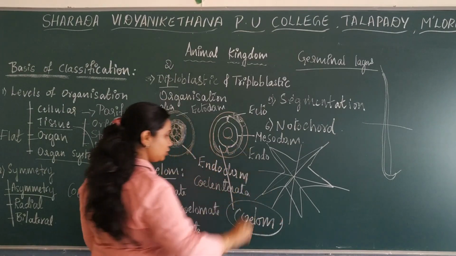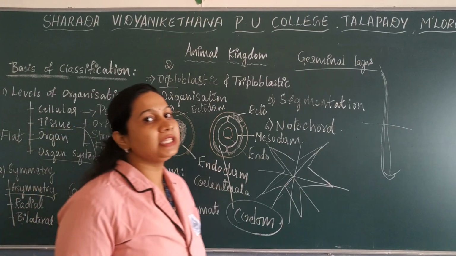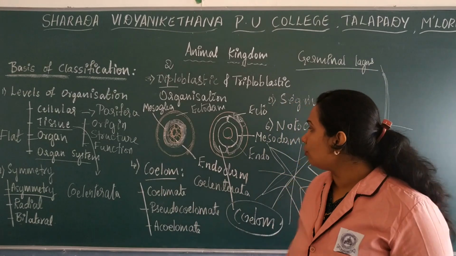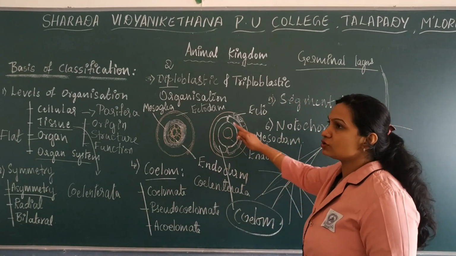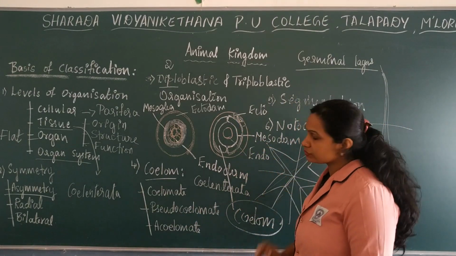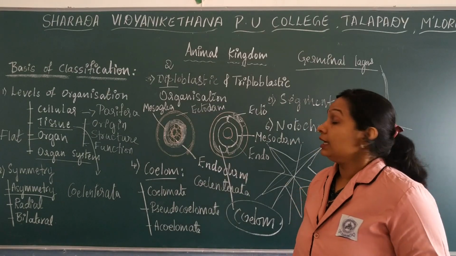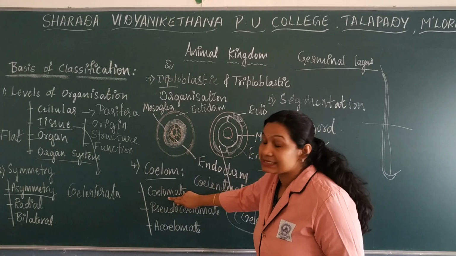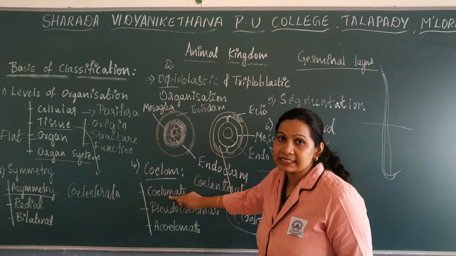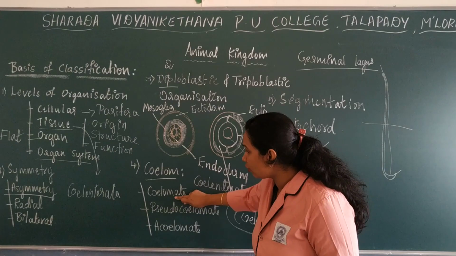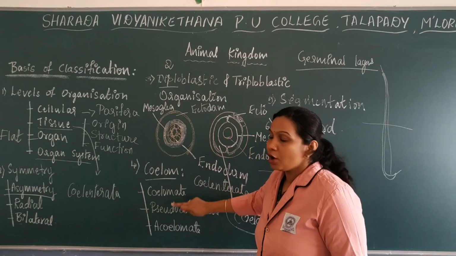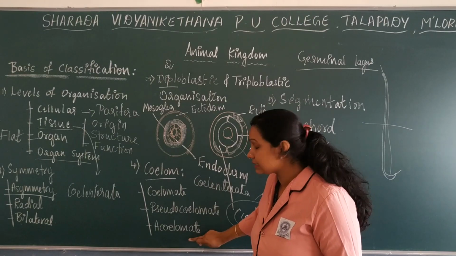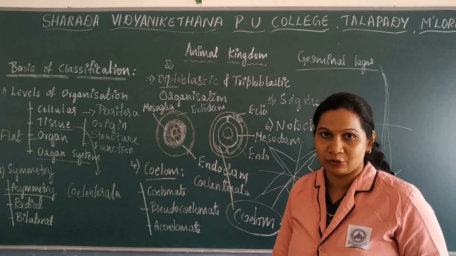In between ectoderm and endoderm, later on in the development, it will be between body wall and gut. Between body wall and gut, there is a body cavity, and that is known to be the coelom. If the coelom is present, those organisms are known as coelomates. Organisms which do not have coelom are called acoelomates, absence of coelom.